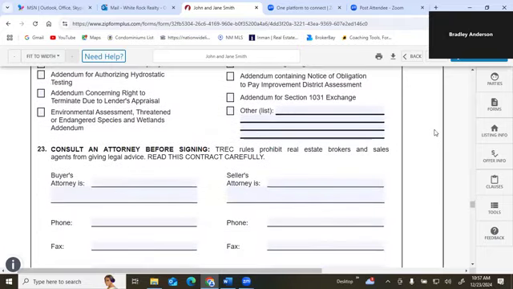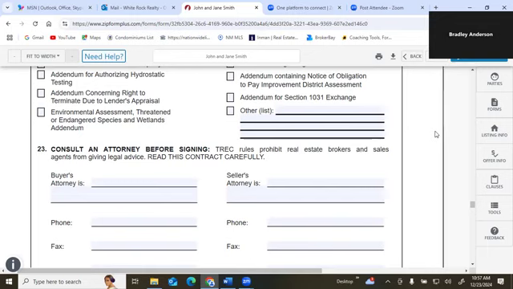And then it says consult an attorney before signing. So I can't impress upon you enough. We are not interpreters of this contract. We are to fill in the blanks, and the signer is to assume the risk. And a lot of people don't want to engage an attorney because they don't know where to go, and they think it's going to be expensive.